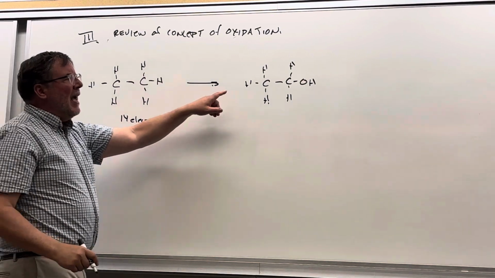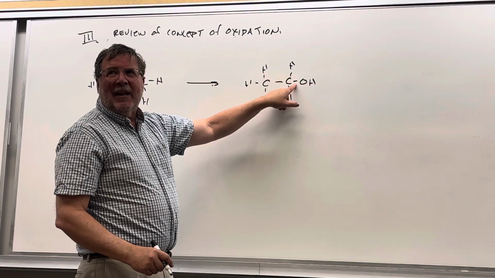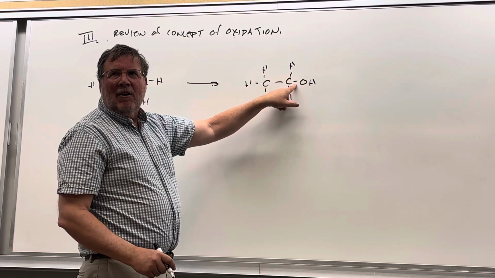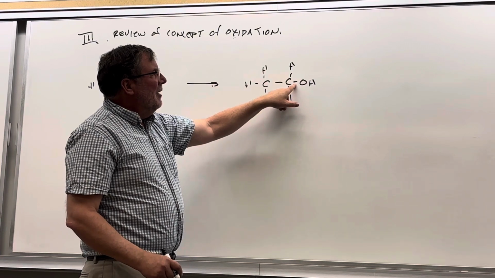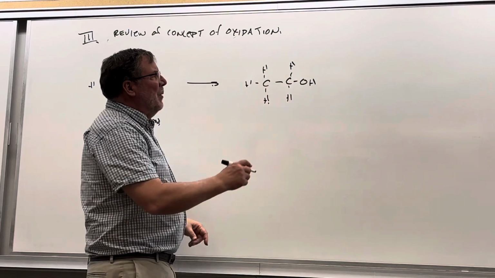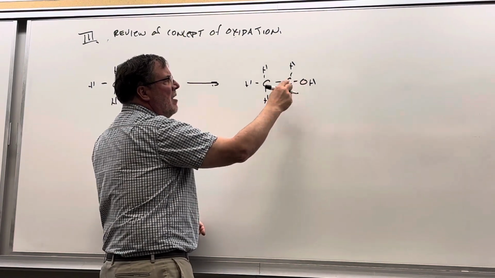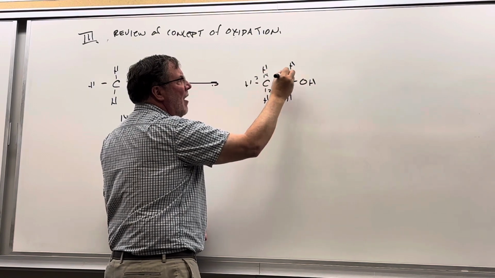Now, if we go to the alcohol, what we're saying is that this pair of electrons, we're not going to count as being associated with the carbon, right? This pair of electrons is so dominated by the oxygen that when we count, we're going to count 1, 2, 3, 4, 5, 6.